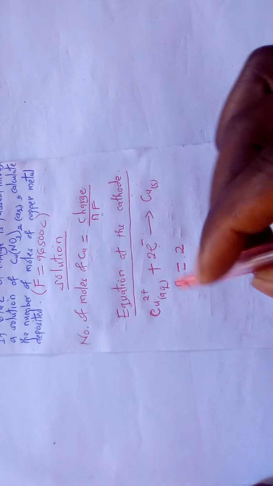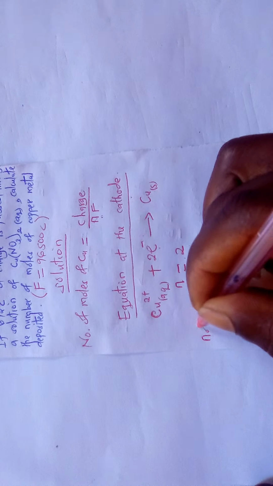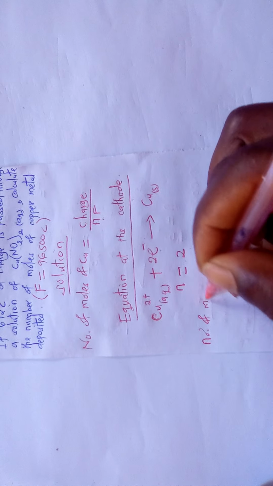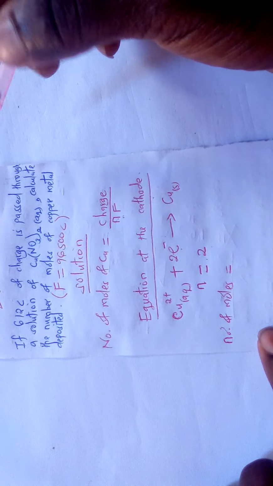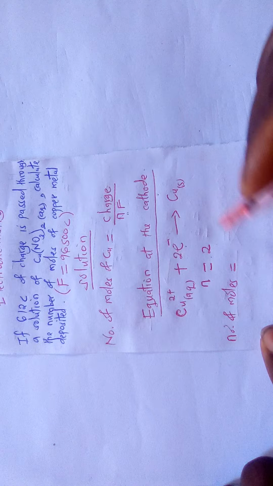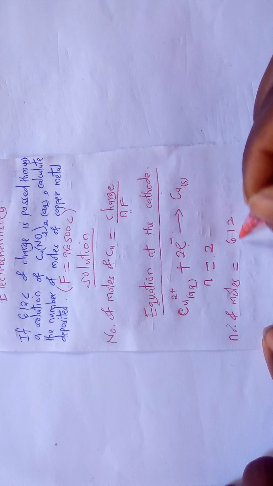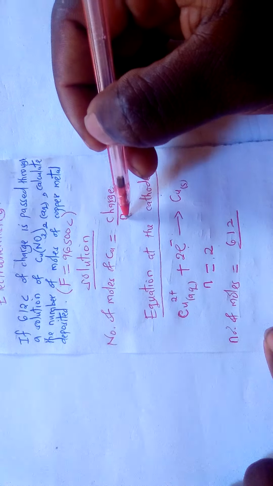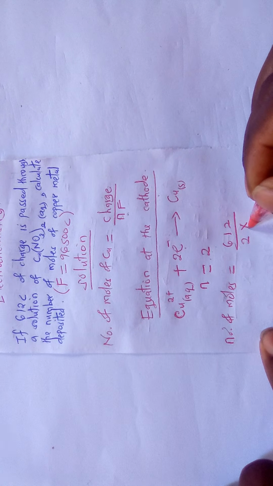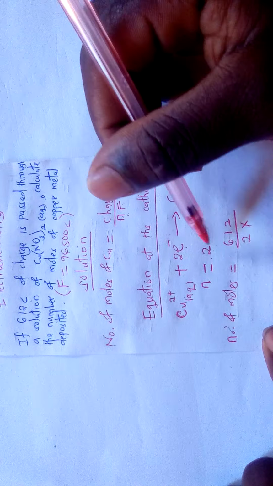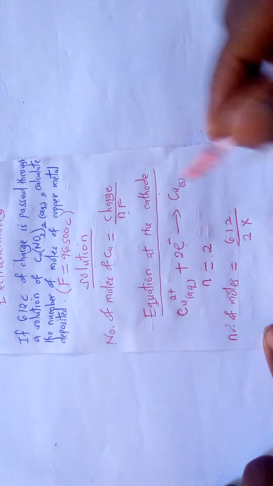The number of moles is equal to charge over n times the Faraday constant. What is my charge? My charge is 612. So I write 612 over n, and what is n here? I've gotten it as 2, times the Faraday constant.